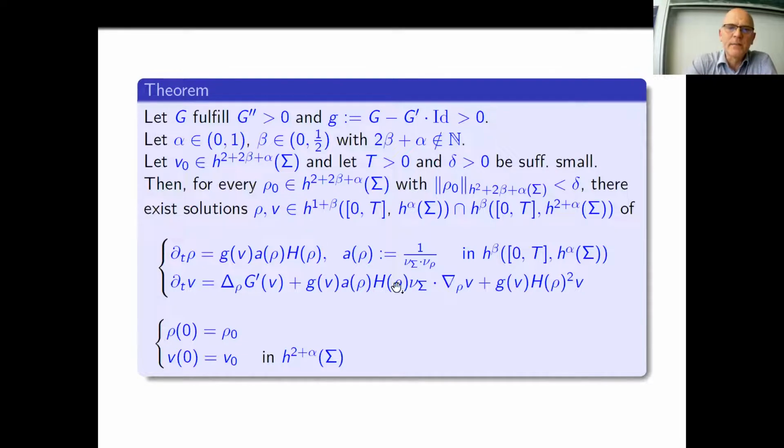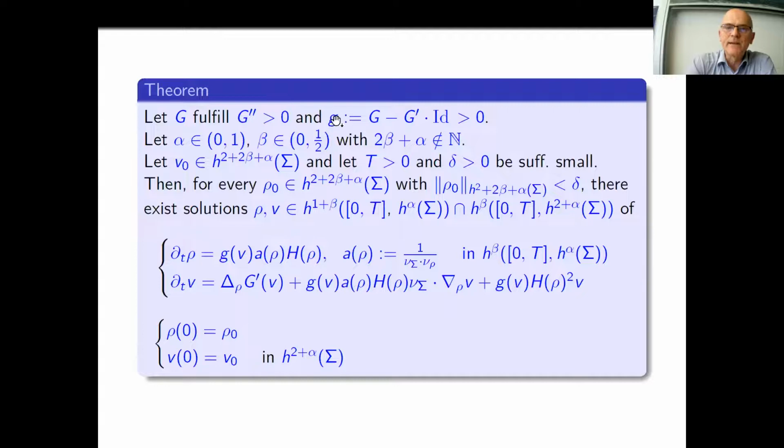So the theorem is as follows. We need certain assumptions. The g, this was g of u, a function we integrated on the surface, needs to be convex. We had this equation, normal velocity equals small g times mean curvature, because in front of the mean curvature operator you want to have something positive to stay elliptic.